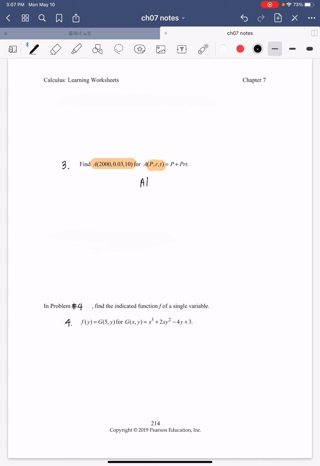So P is the first variable, 2000, plus 2000 times r, which is 0.03, and then t will be 10.